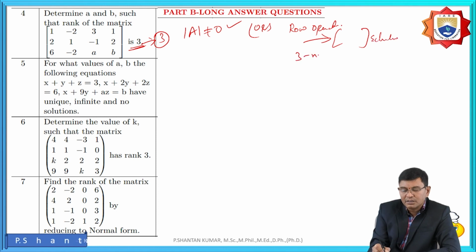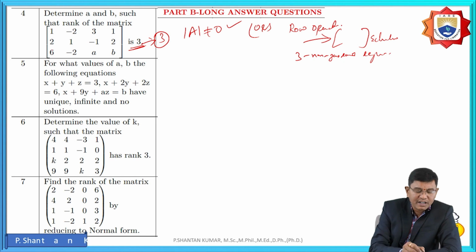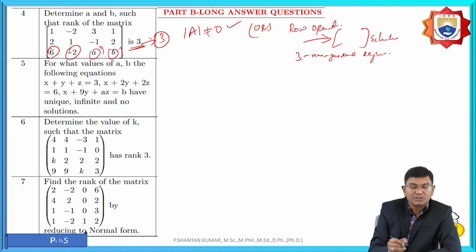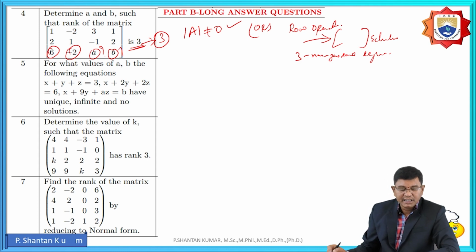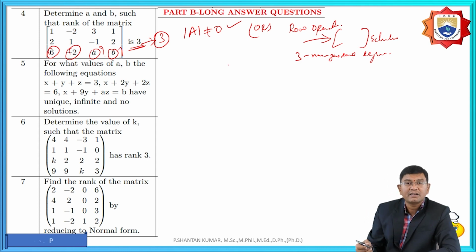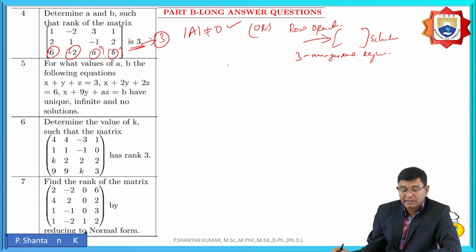Three non-zero rows are required. That means we need to reduce so that here is 0 and here is 0, and find out the value of this one. With three non-zero rows, the condition is that a, b is also not equal to 0. That condition is required to be satisfied.